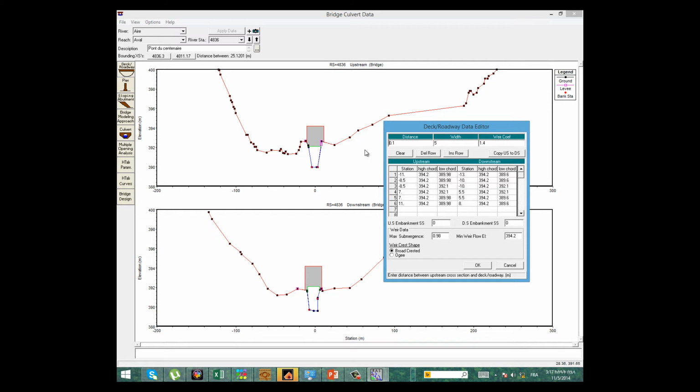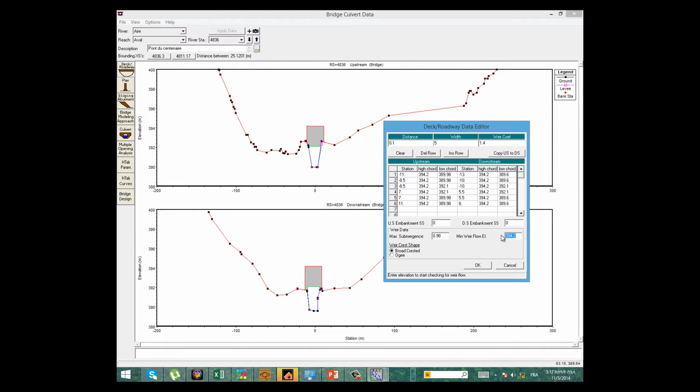It's very important to put all these things into the river, because whenever the flood level becomes above the low chord of the bridge deck, it assumes weir flow. So it uses weir flow calculations. We have to put in, for example, the minimum weir flow elevation.